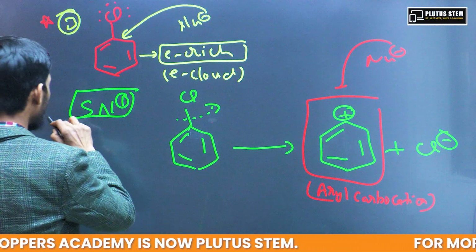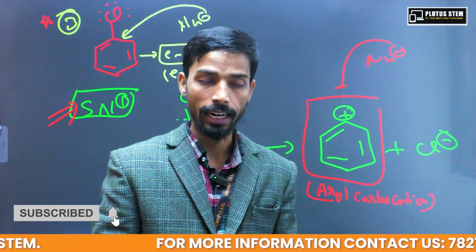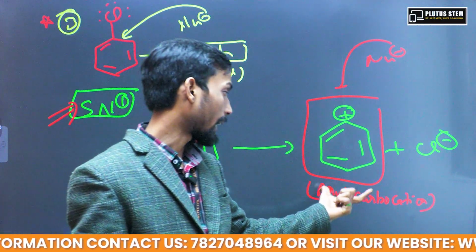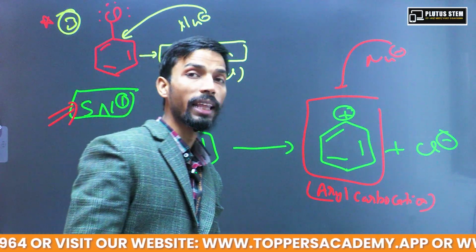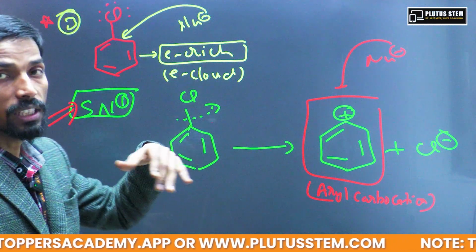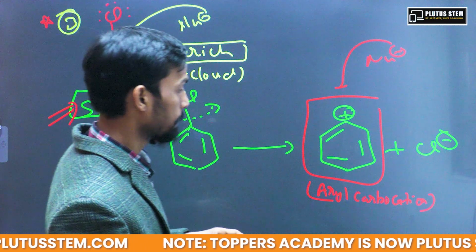So the SN1 reaction is not favorable in aryl halides due to the formation of the intermediate aryl carbocation, which is very unstable. That's why I have shown you why nucleophilic substitution is not feasible, and one specific reason for the SN1 reaction.